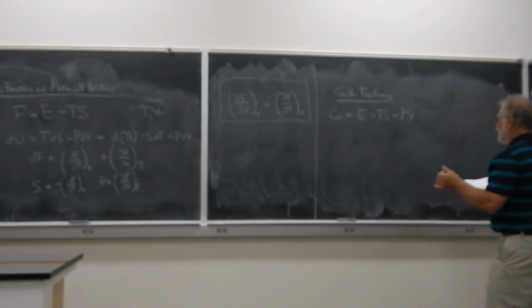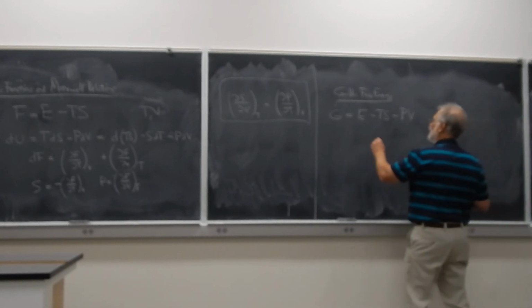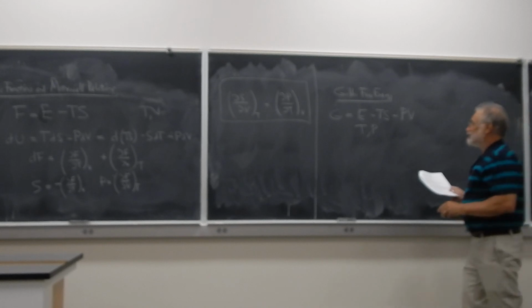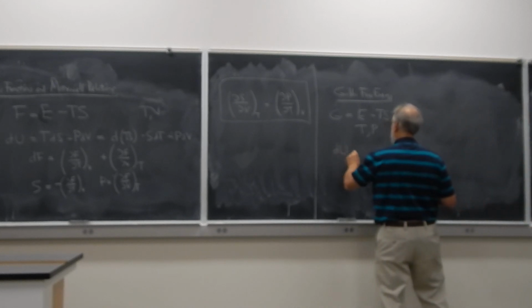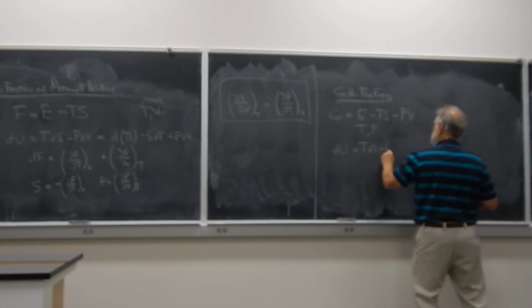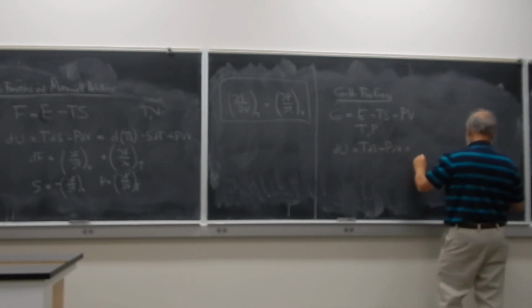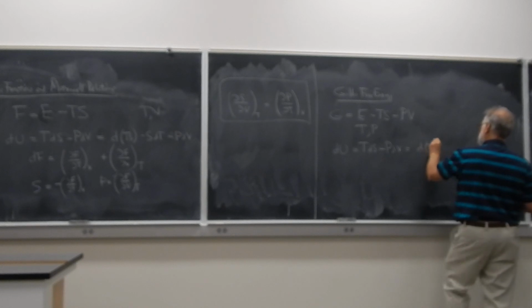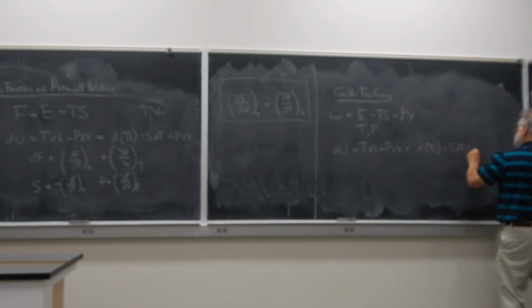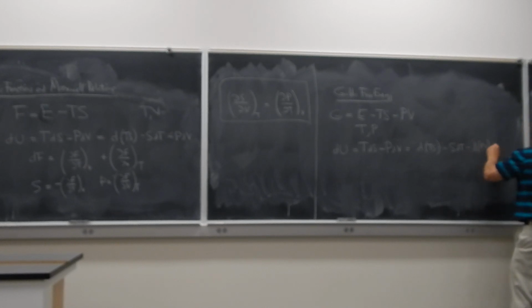So for the case of Gibbs free energy, our independent variables are going to be T and P. And so once again, the last time we do this drill, TdS minus PdV, and I can set that equal to d(TS) minus S dT minus d(PV) plus V dP.